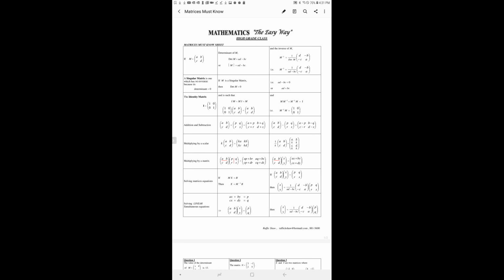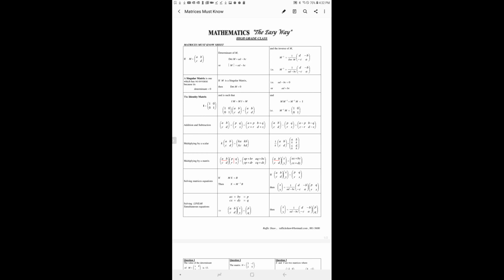So you can use this as a quick revision. These are the things in matrices that you must know how to do. Remember the topic we're going on Sunday: you have to know everything about matrices in order to do that topic. You can't do it without an in-depth knowledge of matrices. So this is a must-know sheet. Everybody must study and know everything on this sheet. If you know everything on this sheet, then you'll be able to do any matrices question.